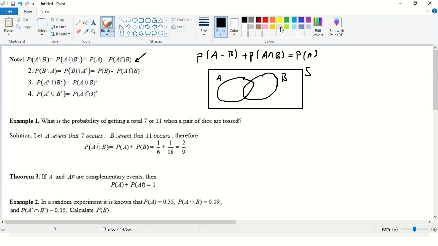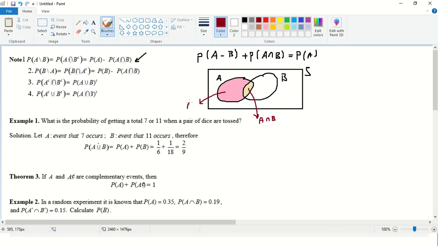Right now, let me use the pink color to shade A minus B, and the intersection of them is also here. As you can see, the intersection and A minus B are disjoint sets, or disjoint events, or mutually exclusive. Let me put the marker over here to show that this part is their intersection. This is A intersected by B, and the other part, the pink color, as I said, determines A minus B.